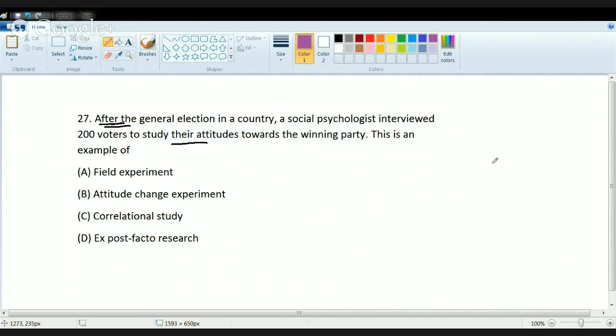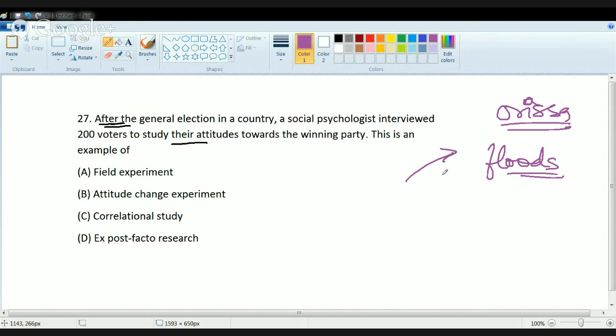For example, there is a flood in a region of Odisha. Now if I go after the flood is over to see how much damage has occurred in the area, and whether anyone is suffering from PTSD, or post-traumatic stress disorder, or something like that, what I am trying to do is understand something that has already happened.